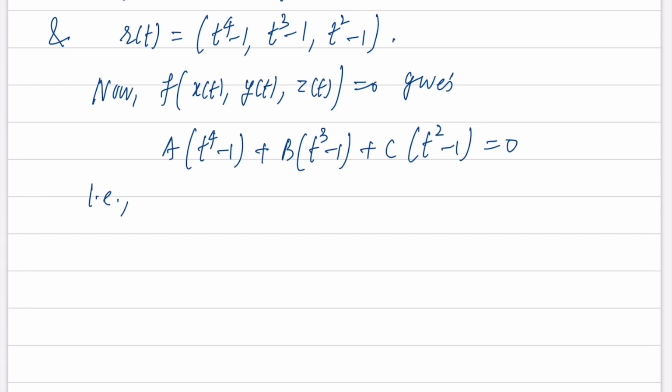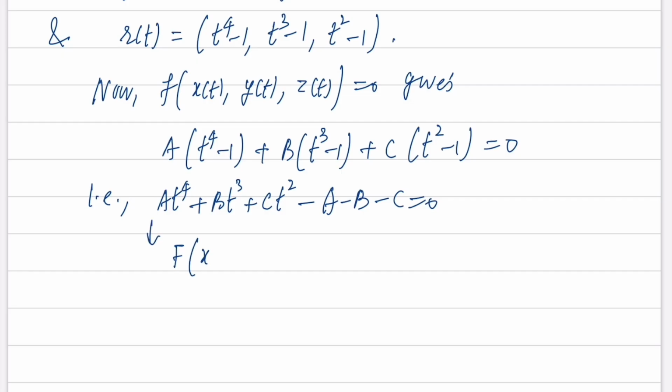That is a t power 4 plus b t cube plus c t square minus a minus b minus c is equal to 0.